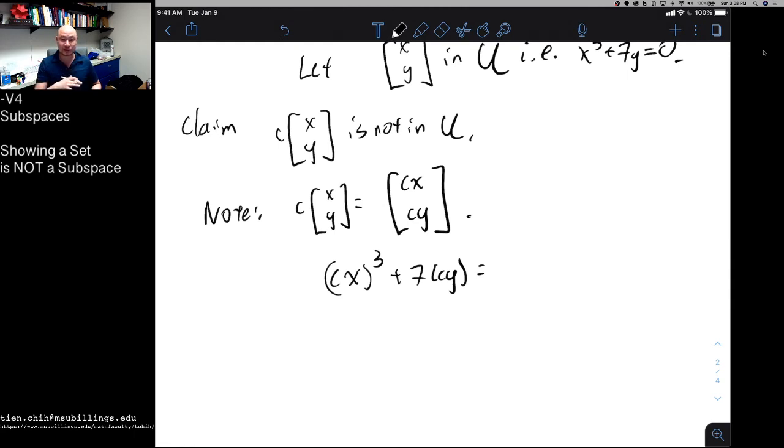And our claim is going to be not in general, that there are possible x's and y's for which that's going to fail. So if I take a look at what that's going to be, this is going to be c cubed x cubed plus 7cy.